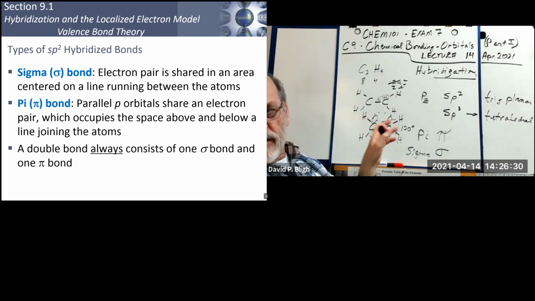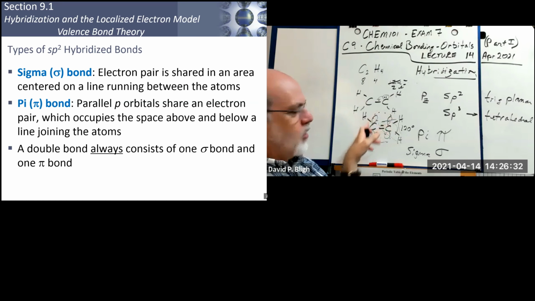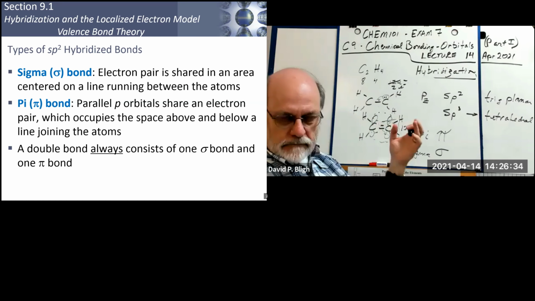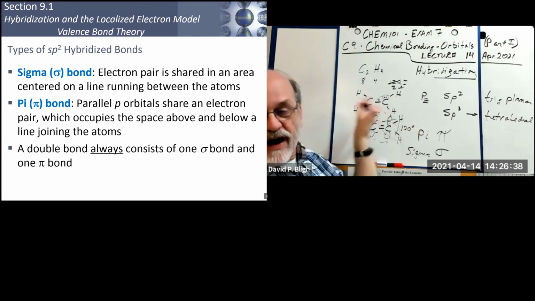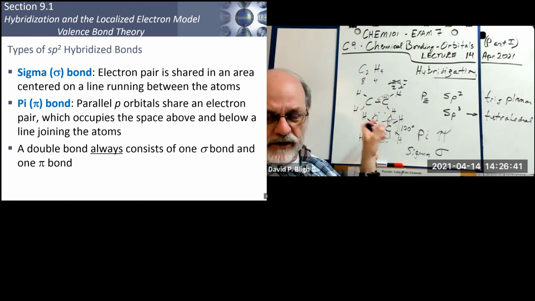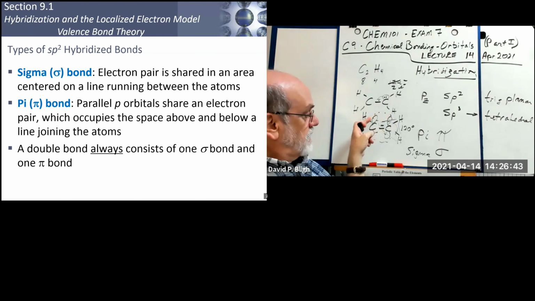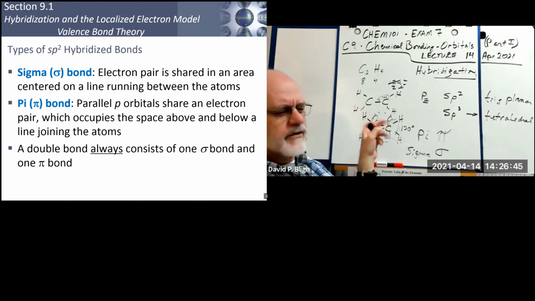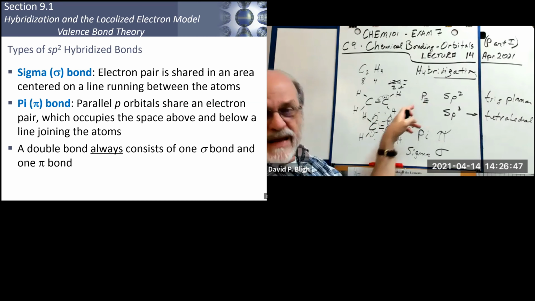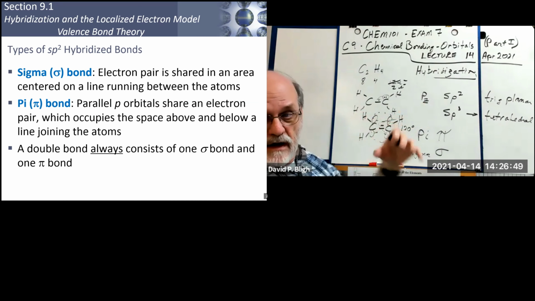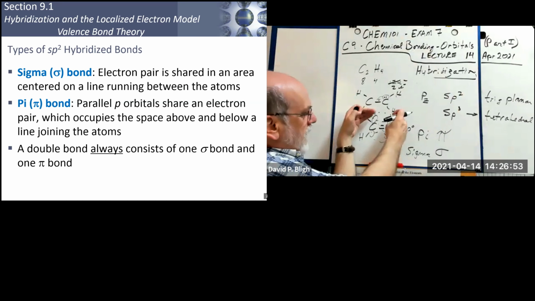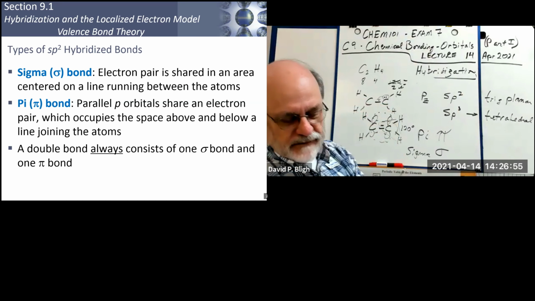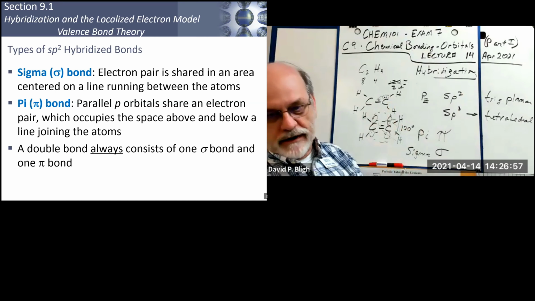Well, this is a representation of the p orbital that allows us to see other things that are happening. If we did a real space-filling p orbital around each one of these, it would be like that. So there would definitely be some overlap. It's just, this way doesn't show it.